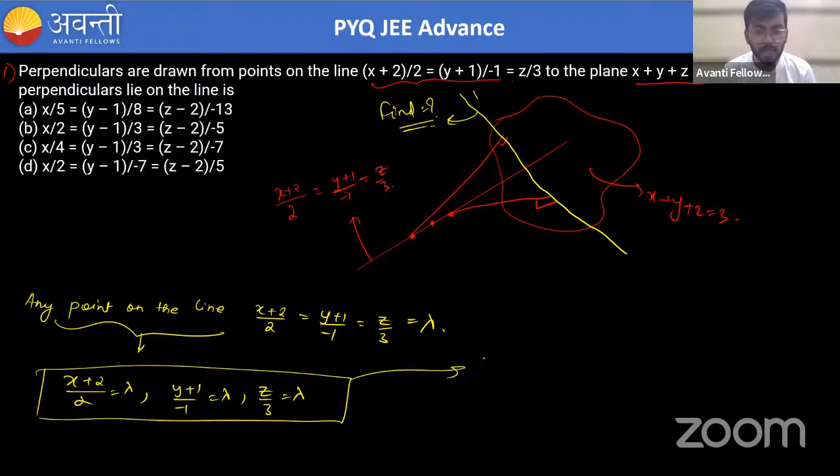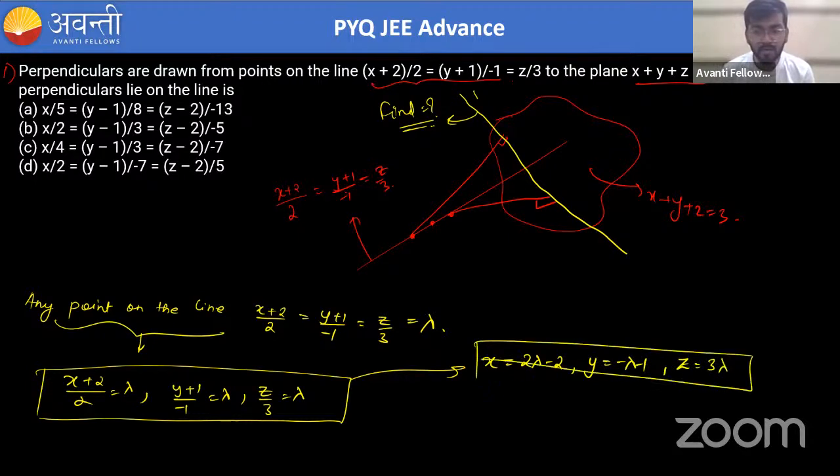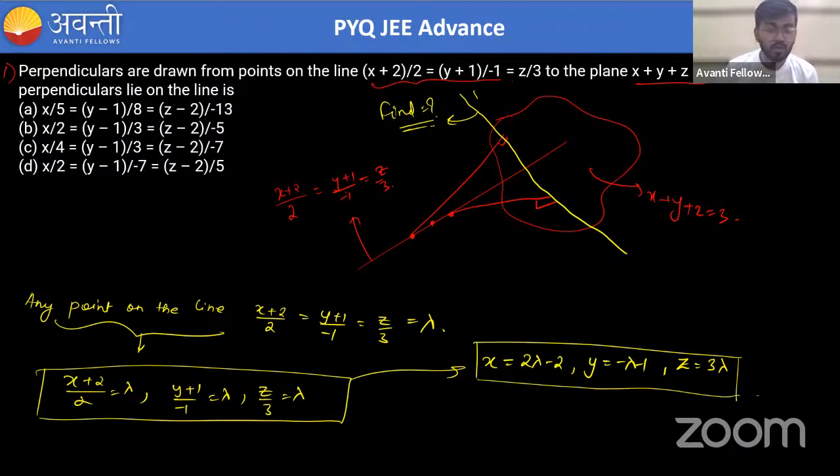So from here you get the coordinate of x as 2 lambda minus 2, y as minus lambda minus 1, and z as 3 lambda.